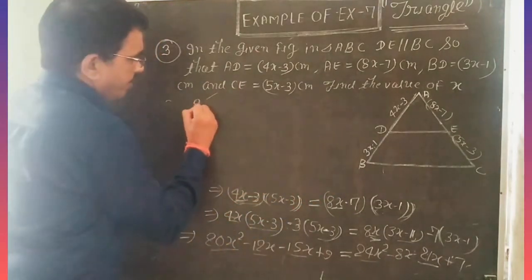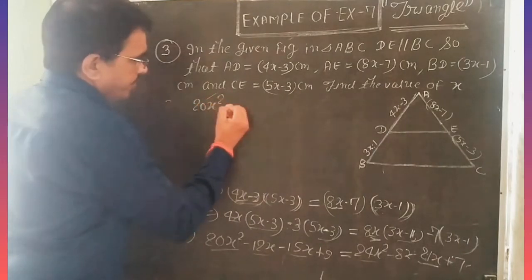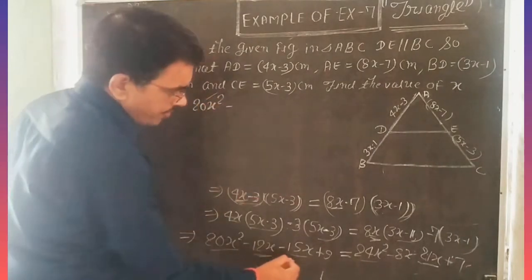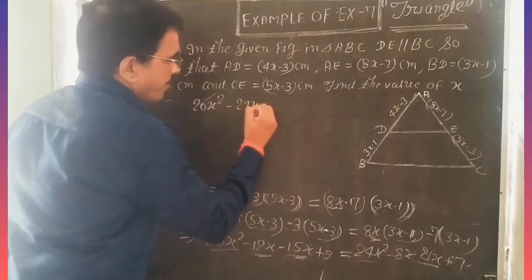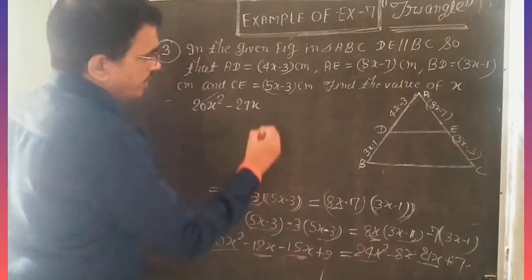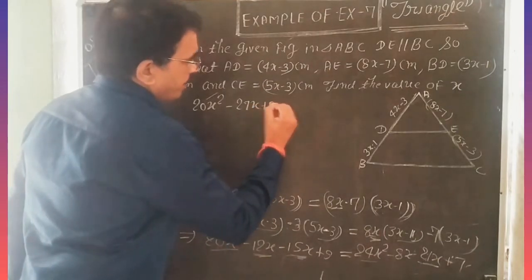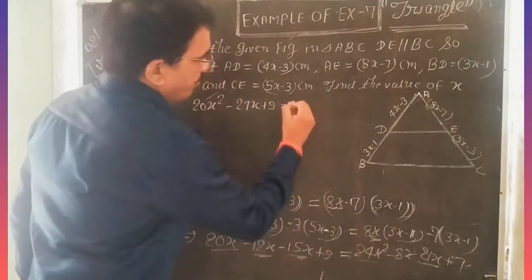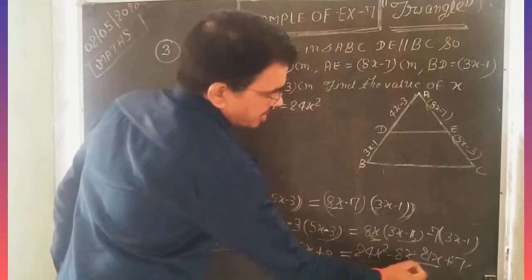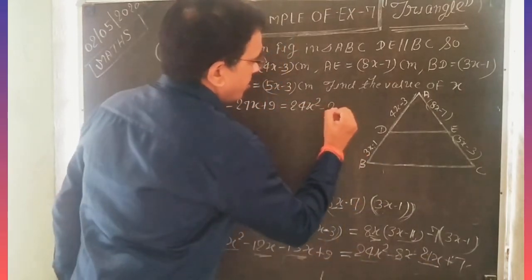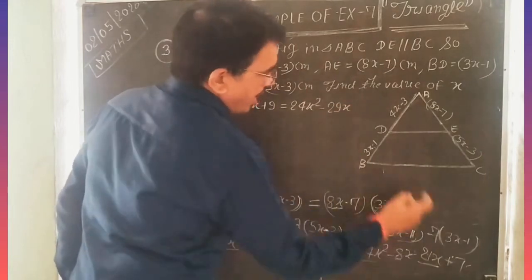You get 20x square minus 12x minus 15x that is minus 27x plus 9 is equal to 24x square, and minus 8x minus 21x is minus 29x, and plus 7.